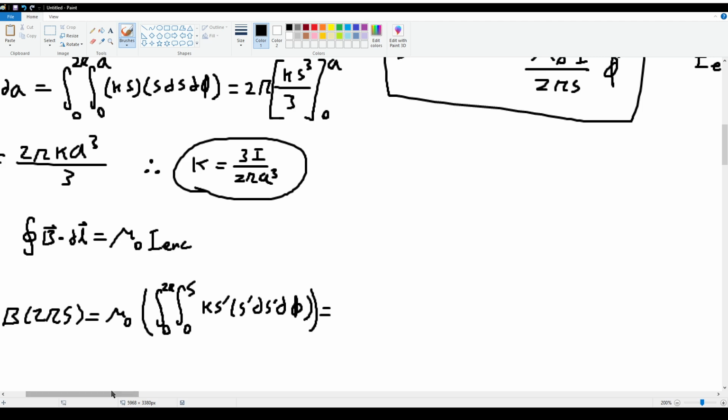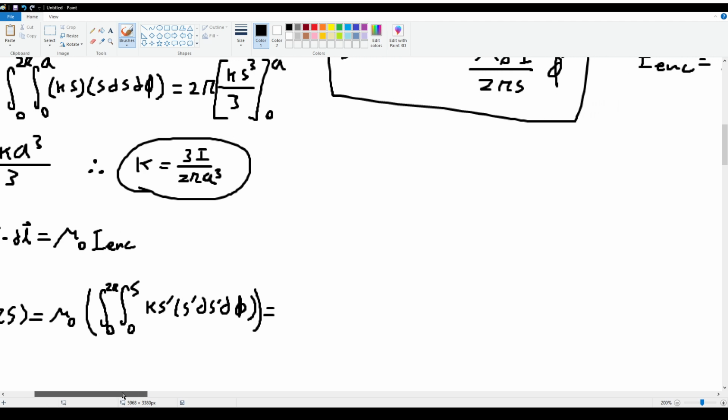And so when we integrate this, we'll get mu naught outside, and then, sorry, 2 pi on the outside, k S prime to the third over 3 from 0 to S.